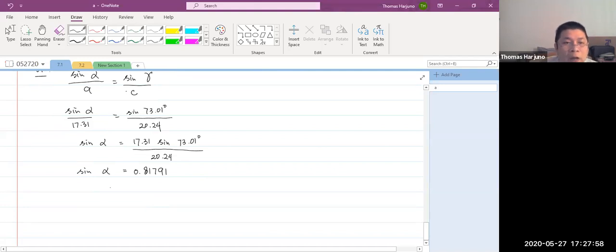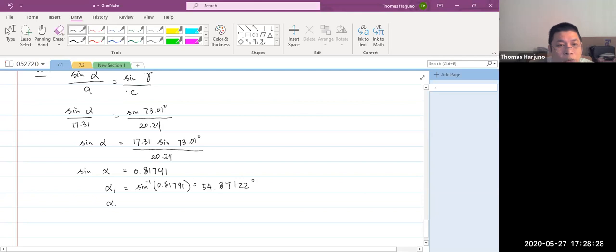Now then, sine alpha equals that, then alpha will be the sine inverse of this, right? Now we learned sine inverse earlier. Sine inverse of a positive number will give us an answer in quadrant 1. That is 54.87622 degrees. Now that's the angle in quadrant 1.